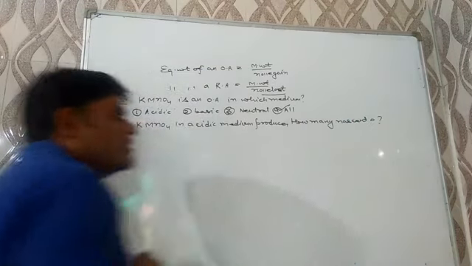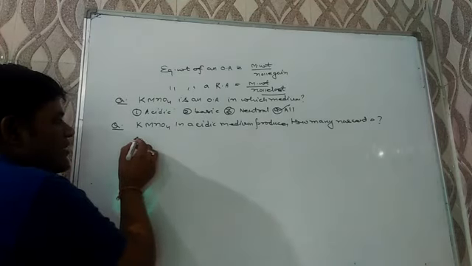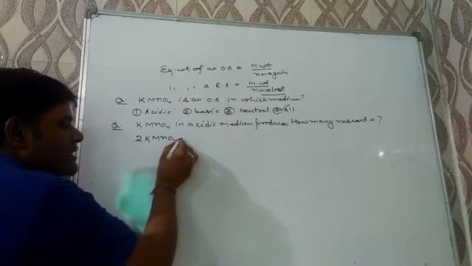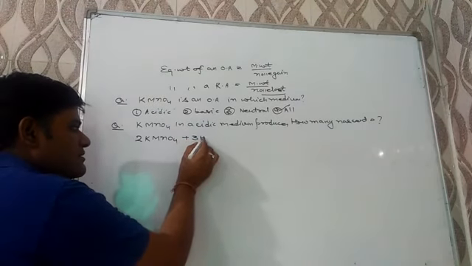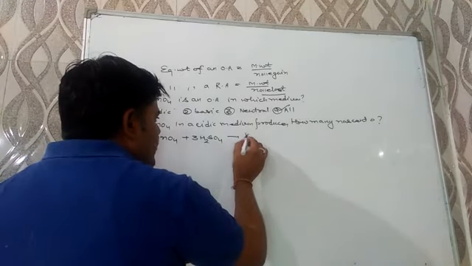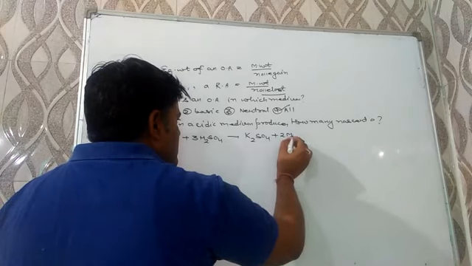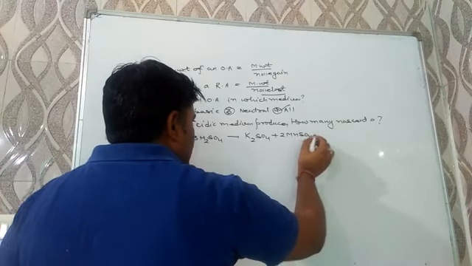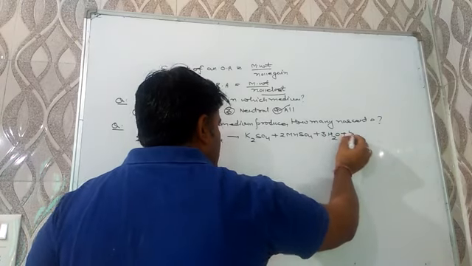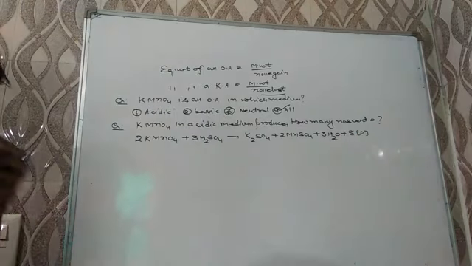As during balancing by the partial equation method I have mentioned, KMnO4 will react with dilute H2SO4: 2 KMnO4 plus 3 H2SO4 gives K2SO4 plus 2 MnSO4 plus 3H2O plus 5 nascent oxygen. So our answer will be 5 nascent oxygen.